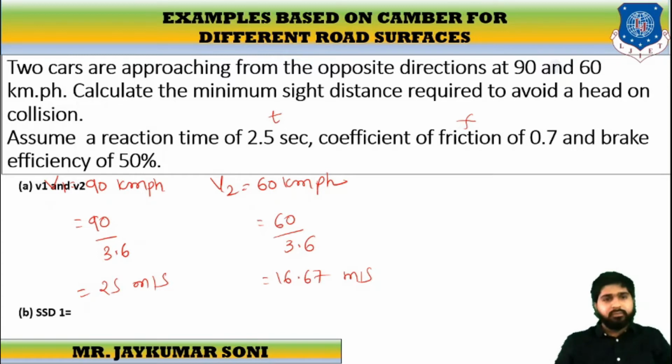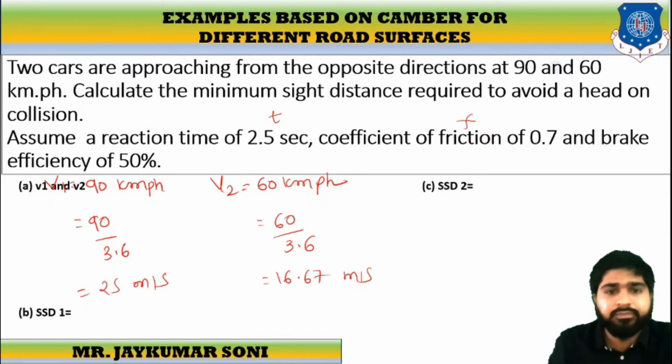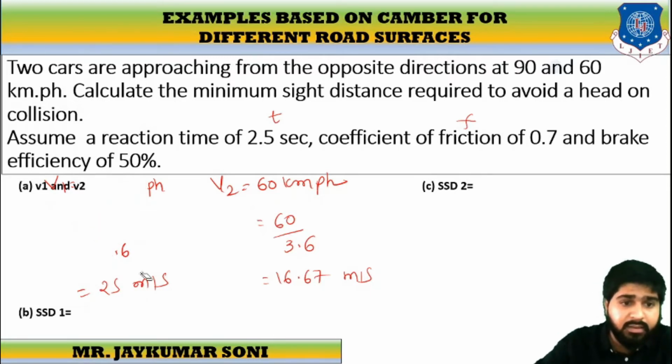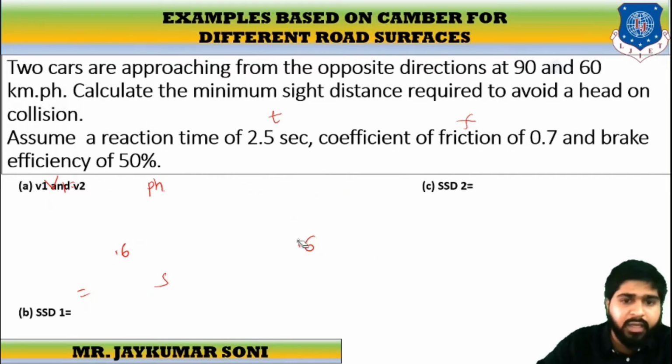Fine. Now we have to calculate the value of SSD. We have two values of V, so we will calculate two SSDs, SSD1 and SSD2. Let us write small v1 and small v2 so that it does not consume more space on the slide.